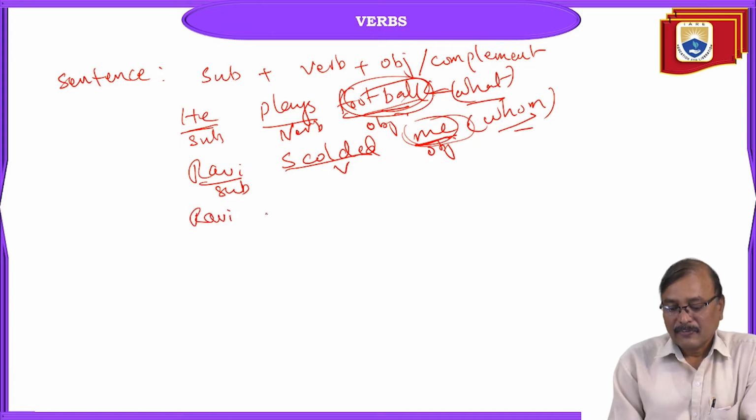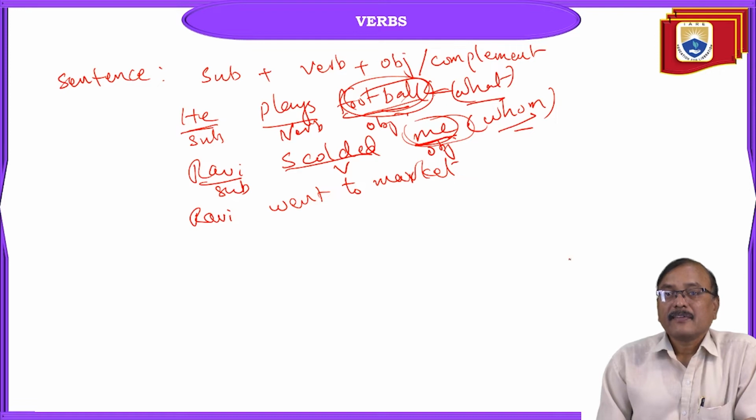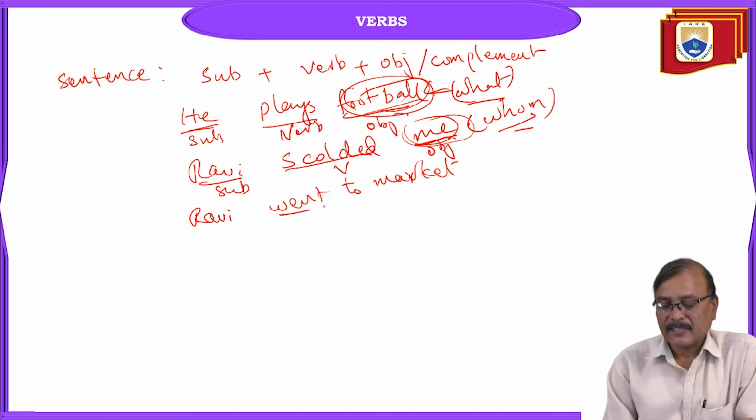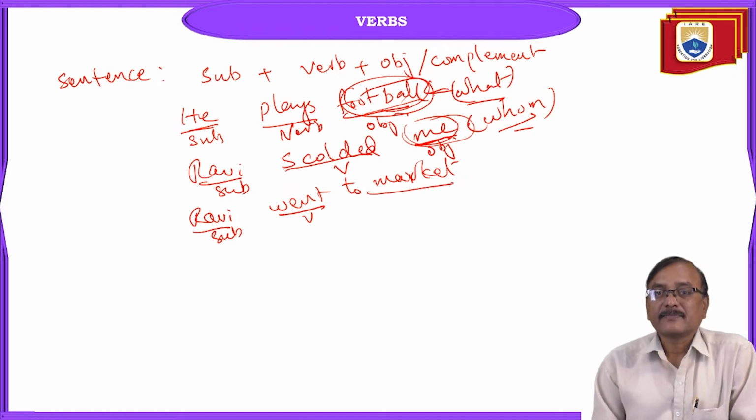Ravi went to market. What is the action here? Went. Went is the verb. Who went? Ravi is the subject. Then, to market here.